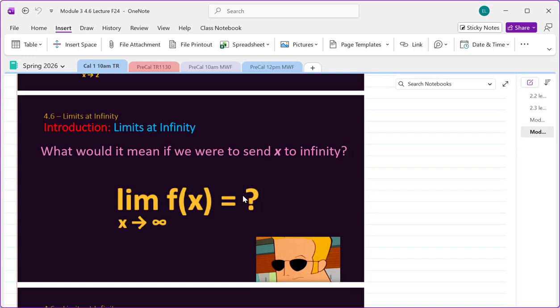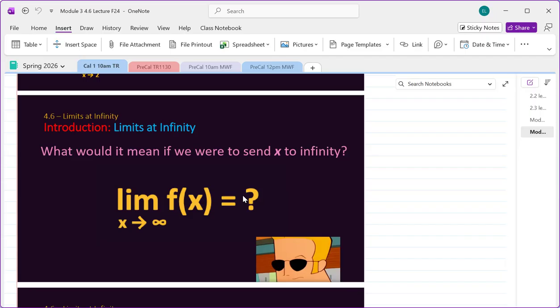So polynomials are like x to a power, and then there might be some numbers, there might be some smaller terms, but like x squared is a polynomial, x cubed, 4x to the 7th plus 3x to the 4th minus 7. That's a polynomial. So just x to some power.